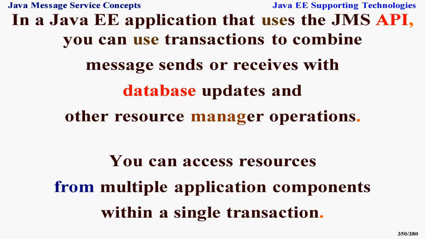In a Java EE application that uses the JMS API, you can use transactions to combine message sends or receives with database updates and other resource manager operations. You can access resources from multiple application components within a single transaction.